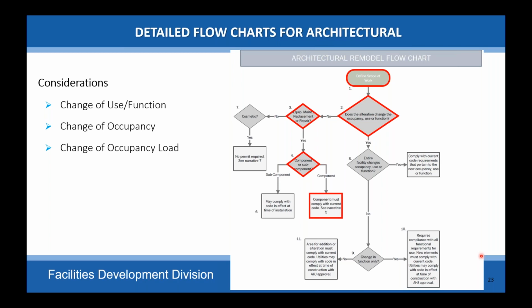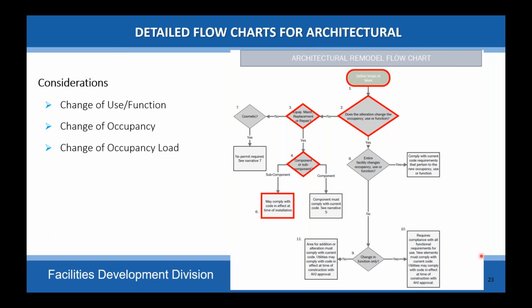If it is the whole component, the component must comply with current code. Again, the new unit going on has to meet the requirements for current code. The anchorage has to meet the requirements for current code. But you don't have to take anything downstream of that. That's the scope of your project.